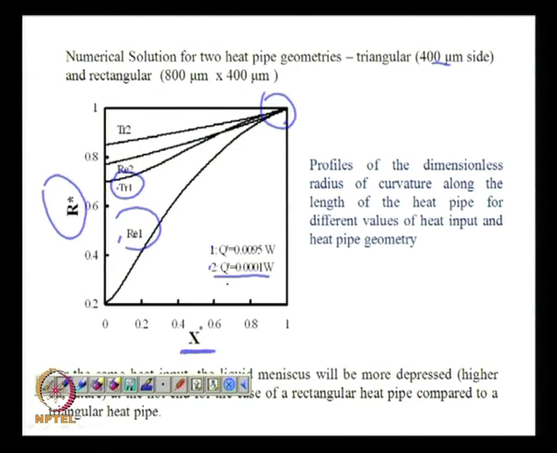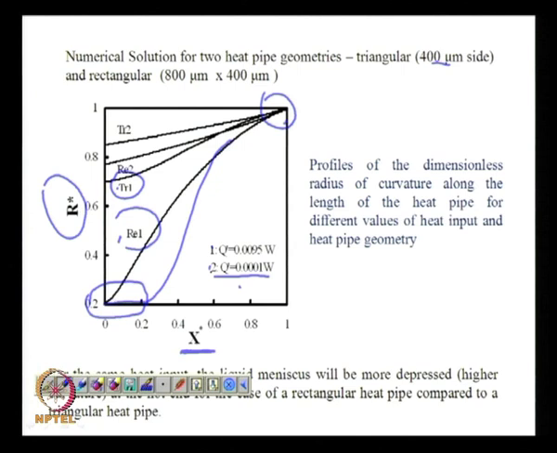You can increase beyond that value, and you would see that it is going to be like this. So, this is the region which is a dry region. Using this relatively simple modeling approach, you could see the propagation of the dry region with increase in heat flux, or keeping the heat flux at a certain value, you can tilt the grooves, tilt the heat pipe, add an additional opposing body force and see the effect of body force on the propagation of the dry region.